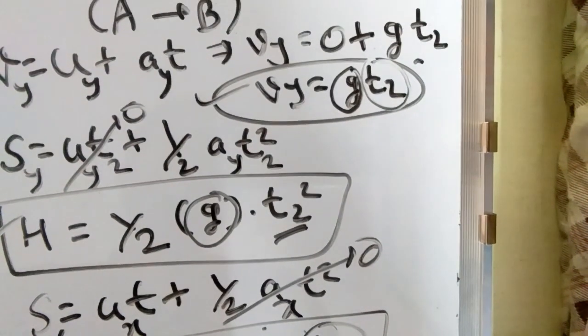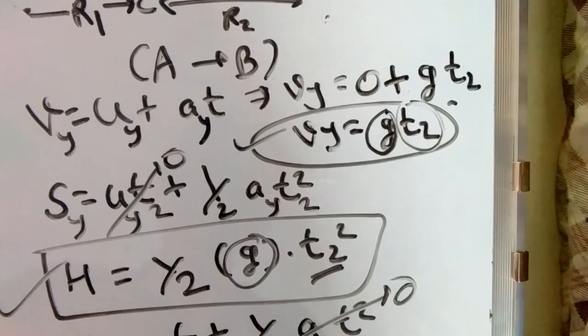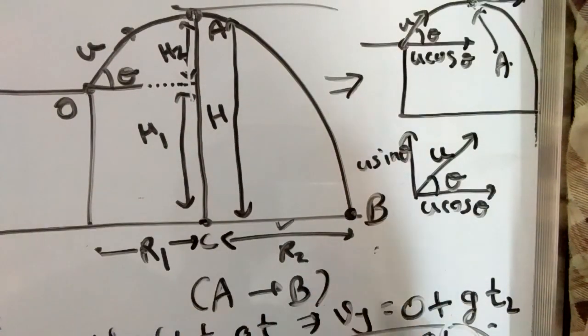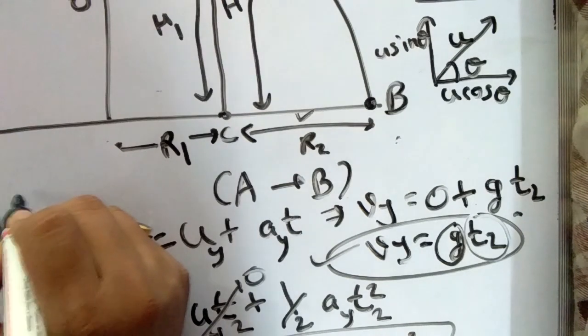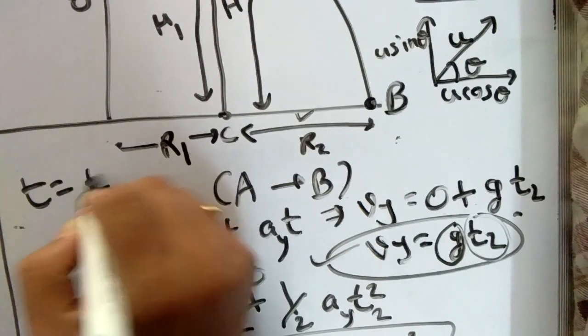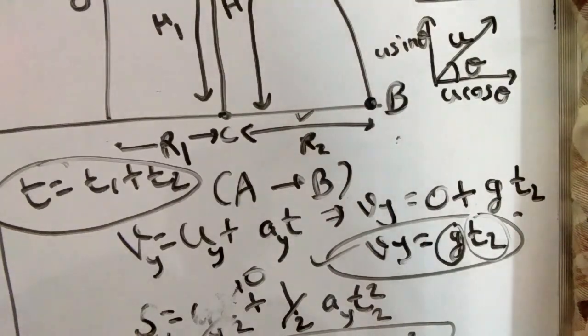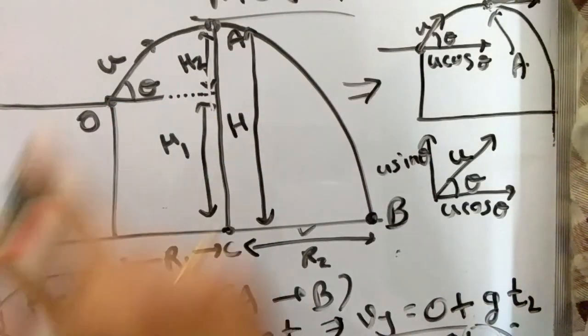Remember, in the first case we calculated the value of t1. And we know the value of t is the total time taken from O to B. So I will write like this: t equal to t1 plus t2. Right? T equal to t1 plus t2. T means from O to B, total time.